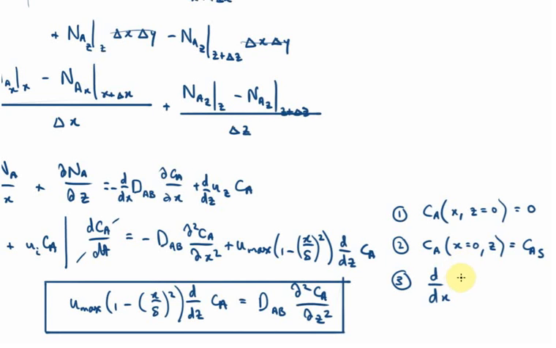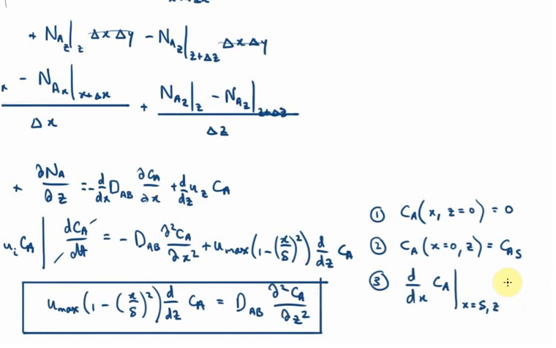So d/dx of Ca at x equals delta for all positions z must be 0. Right, so no flux into the wall. That's what that condition means. So that is a complete set of boundary conditions for this equation, and we can solve it numerically.